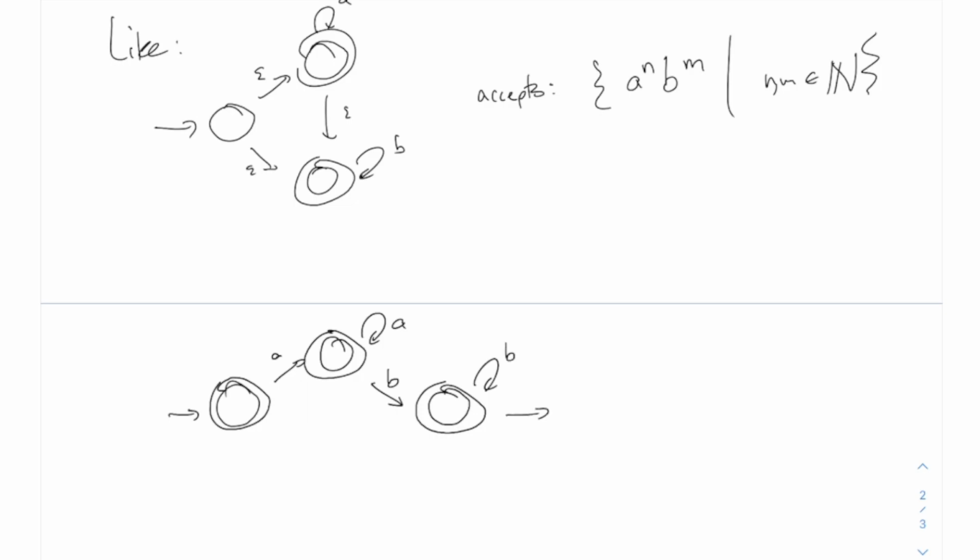If you do another A after that, then this is rejecting. All the other ones are accepting. And then we also need, from the starting state, you could immediately do B's like that. All right? So this is a DFA, which is equivalent to that one.